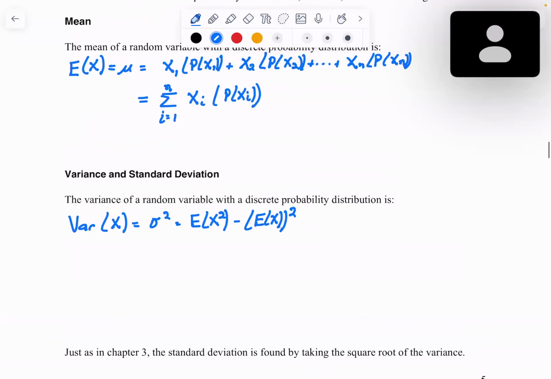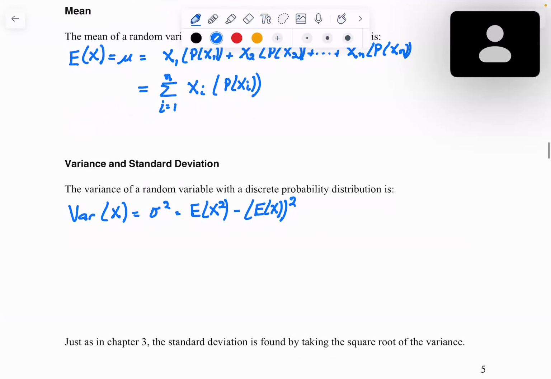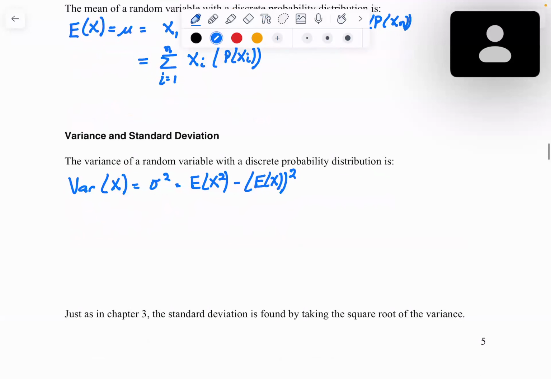So if you notice, there's a slight difference between the expected value of x that we can calculate up here whenever we're calculating the mean and whenever we're calculating this down here. You'll see the difference in a second when I write out the formula. Okay, so let's fix this real quick.